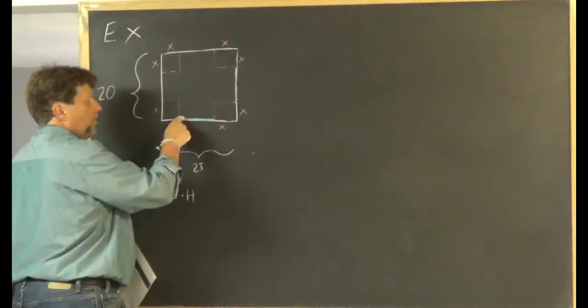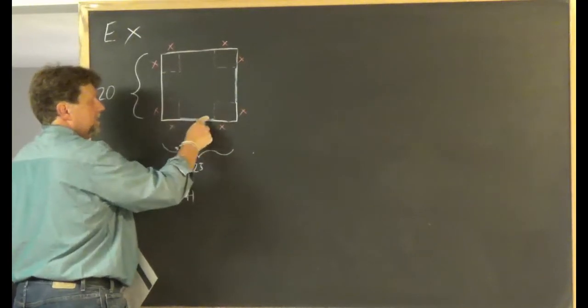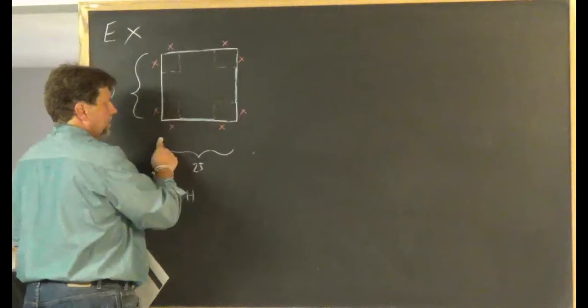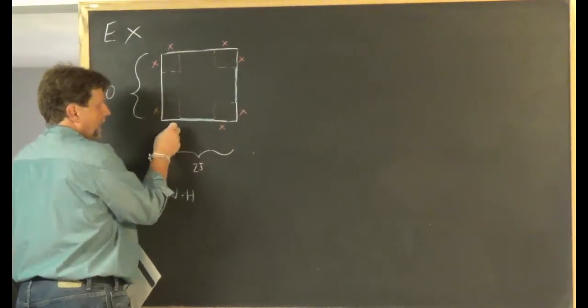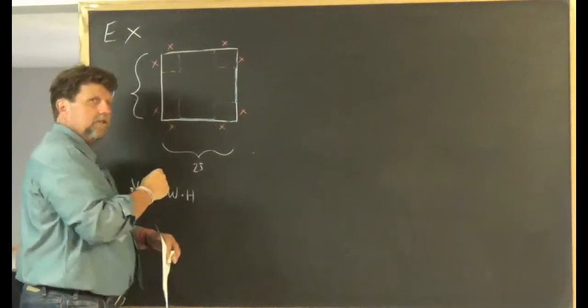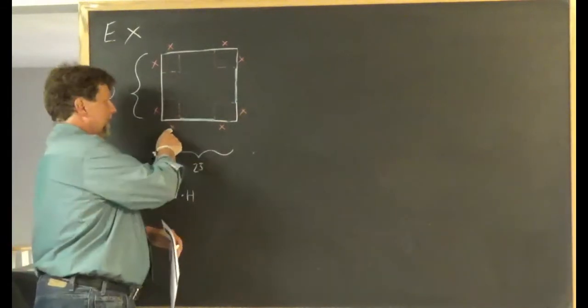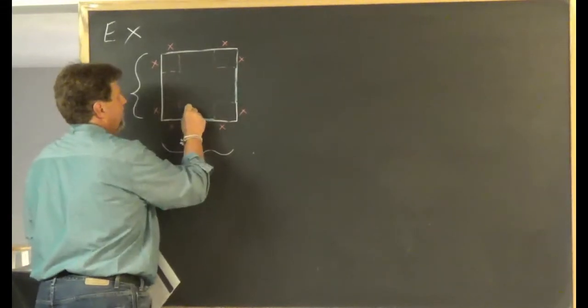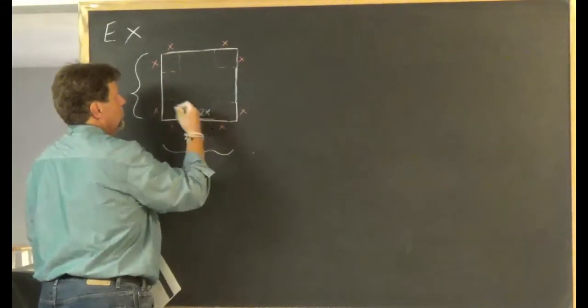Well, let's write down what that would be. We know this side is 25. And then we're going to cut away x and an x. So it's 25 minus x minus x. Well, that's 25 minus 2x.